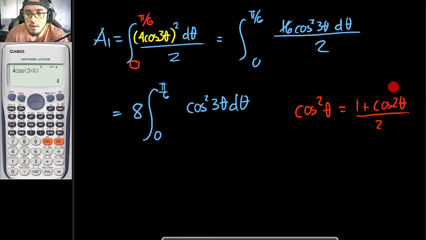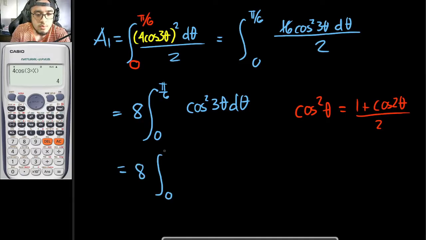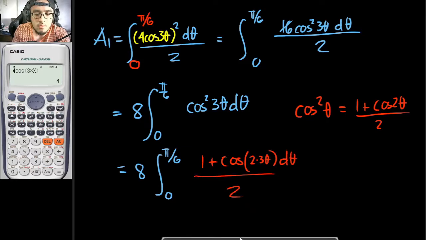So using this identity in this part right here, this is now equal to 8, 0 to pi over 6 times 1 plus cosine 2 theta, but there is 3 theta here, so 2 times 3 theta d theta divided by 2.